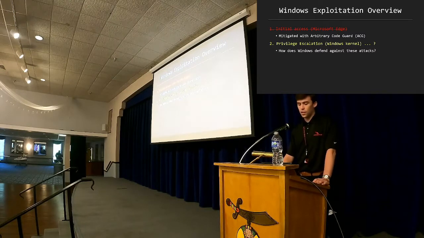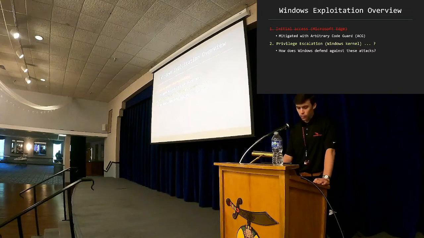This is actually mitigated. That was a kernel mode example, but in user mode, where typical users operate, it's mitigated with a mitigation called arbitrary code guard. It's the Windows implementation of write XOR execute, which means memory can either be writable or executable, but never both.